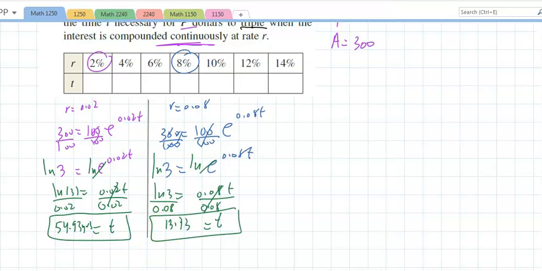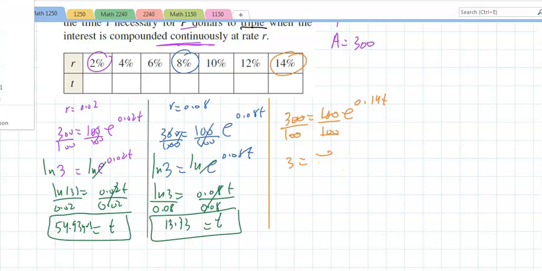And I'm going to do one more. What if I was able somehow to get, it's very hard to do, 14%? Well, guess what? 300 will equal 100 e to the 0.14t. Isolate the exponential function by itself. Log both sides.